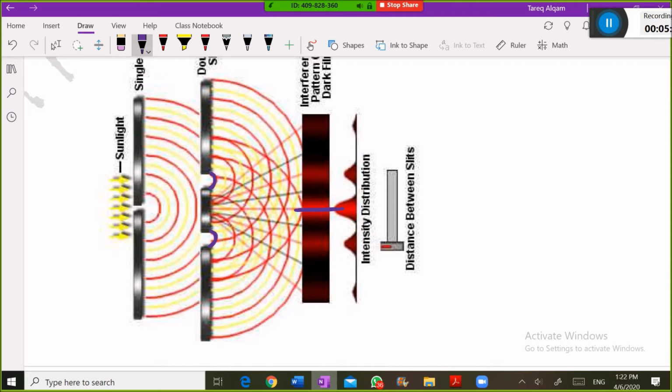They meet here, here, and here, from the two slits. The central one has the highest intensity because all the waves from the two slits will meet where? Here. So we will have the brightest fringe. The second one, not all of the waves reach this region, and so on here. Not all of the waves reach these regions, okay? So we will have a bright region, but not as bright as the central one.